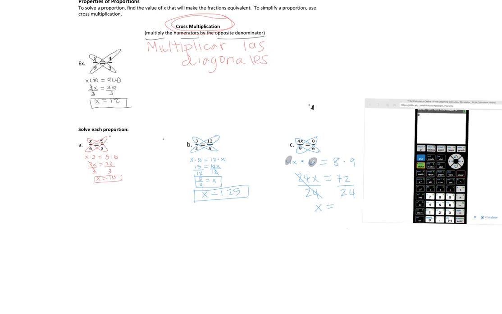So alpha, y equals 1, and I get my fraction form. 72 over 24, enter, and I get 3. So x is 3. X equals 3, and I am writing this very badly. So x equals 3. That is my answer.